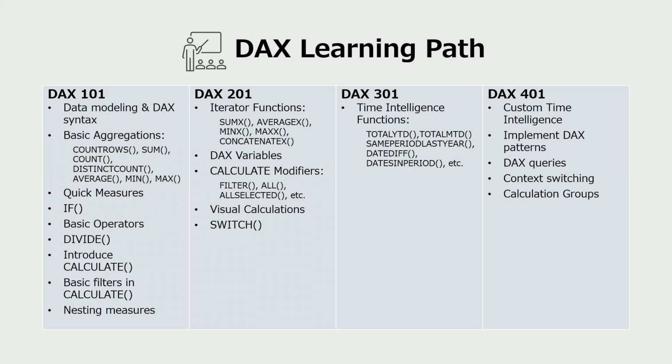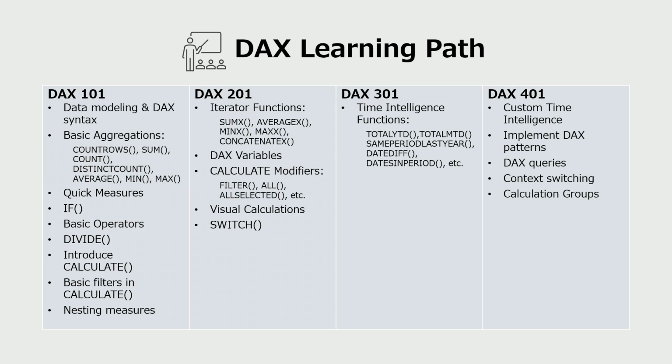There are times where you need DAX to iterate over the different rows in your table to give you the correct calculations across your visuals, and so you need those iterator functions. We can also introduce variables in DAX at that point. Start getting into some different, more complex types of filtering at that level. So the DAX starts to get a little bit more complex. This is the spot where you're implementing your custom business logic.